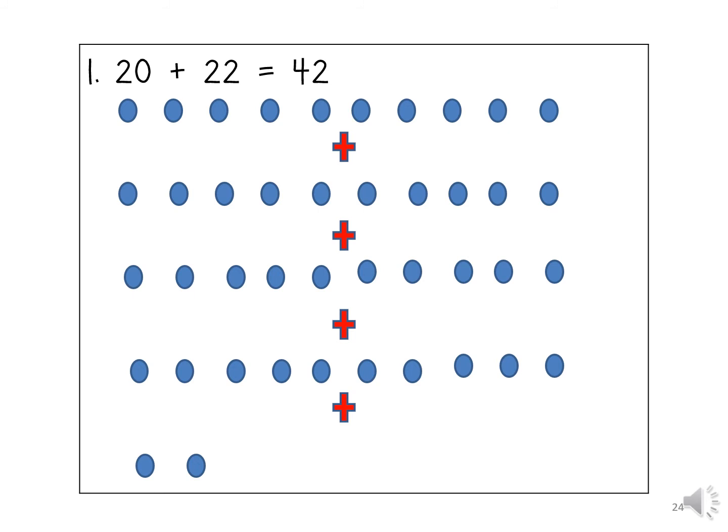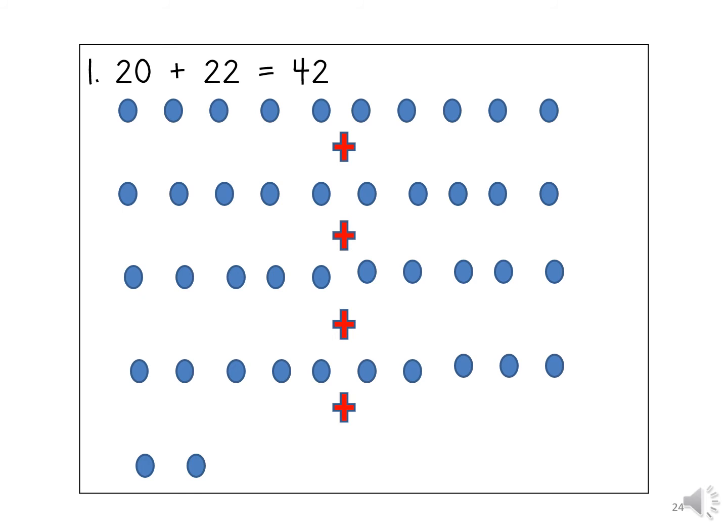Then for 22, I have 2 tens and 2 units. So let's count the 2 tens. 1, 2, 3, 4, 5, 6, 7, 8, 9, 10. And 1, 2, 3, 4, 5, 6, 7, 8, 9, 10. So I have my 2 tens in 22.